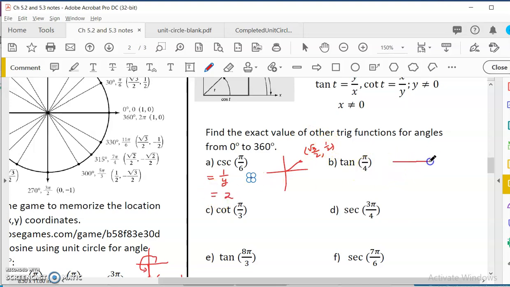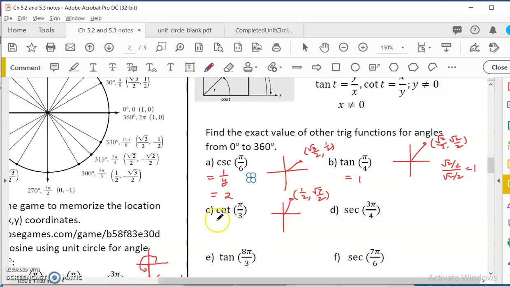So tangent of pi over 4. Pi over 4 is here, it's root 2 over 2 and root 2 over 2. So tangent is y over x. So it's root 2 over 2 over root 2 over 2, they're identical, that's equal to 1. Then cotangent of pi over 3, I'll draw pi over 3, and I'll write the coordinate, 1/2 with root 3 over 2.